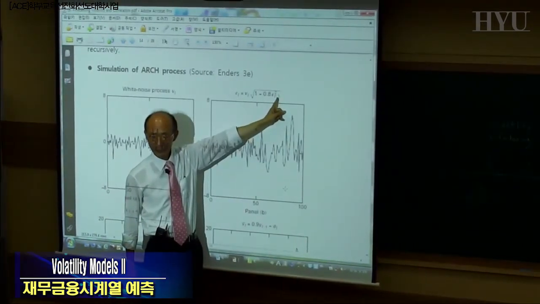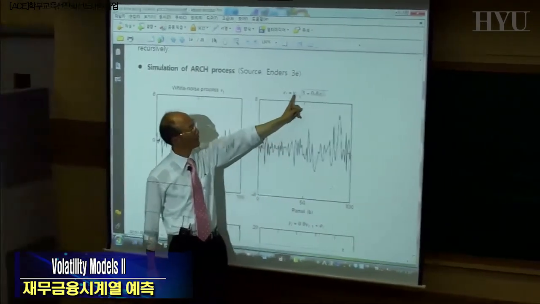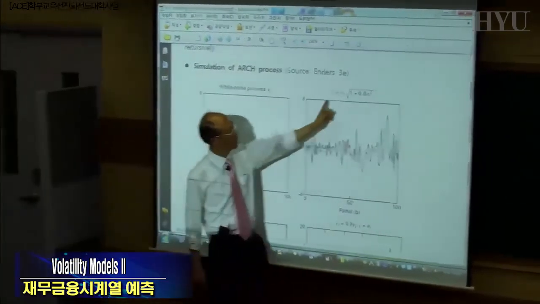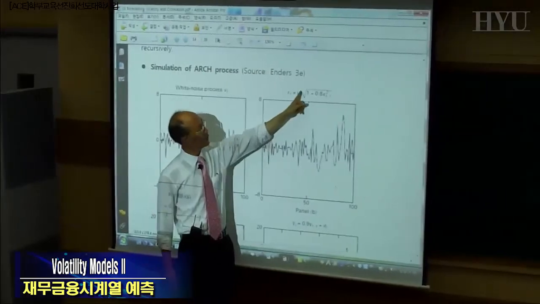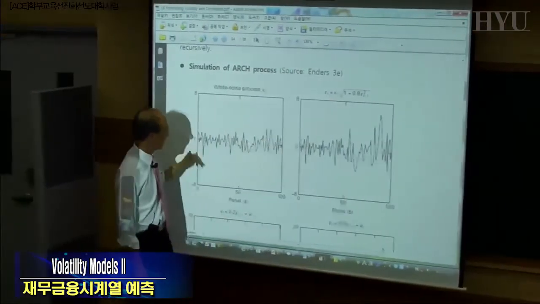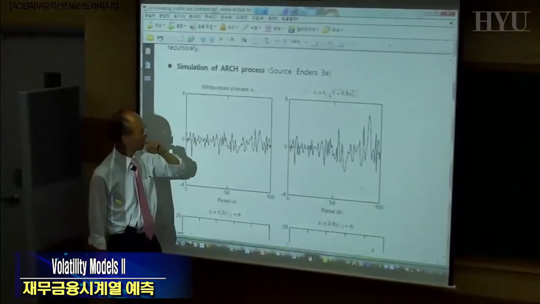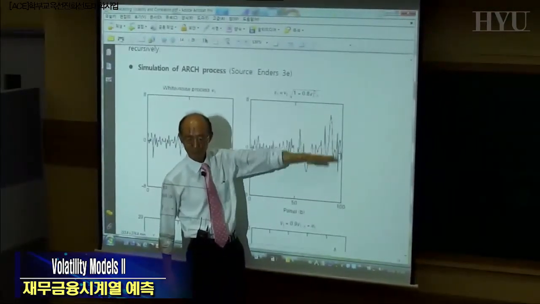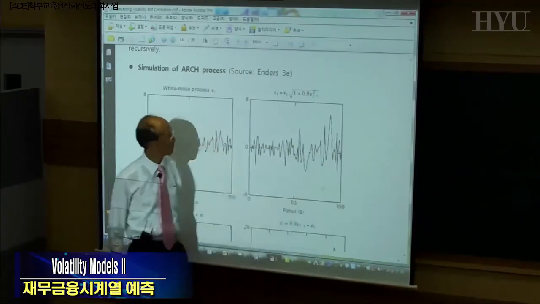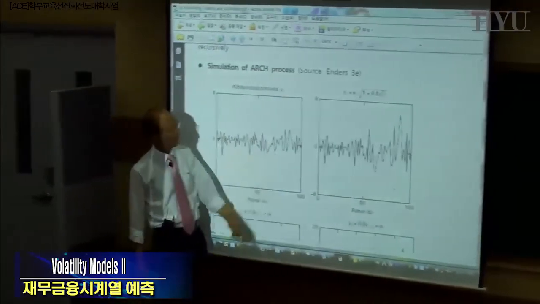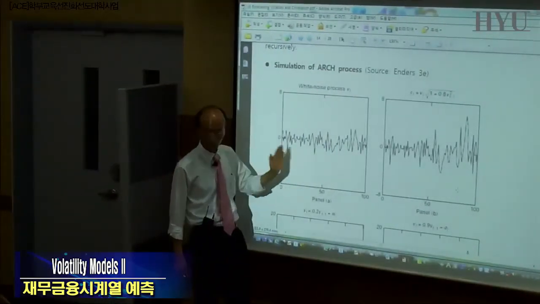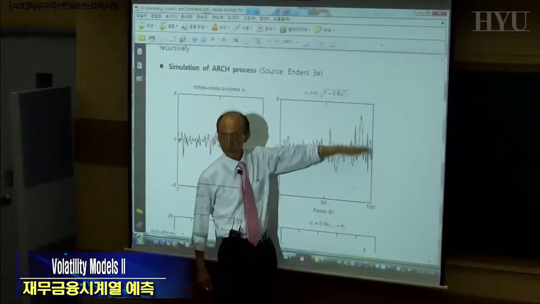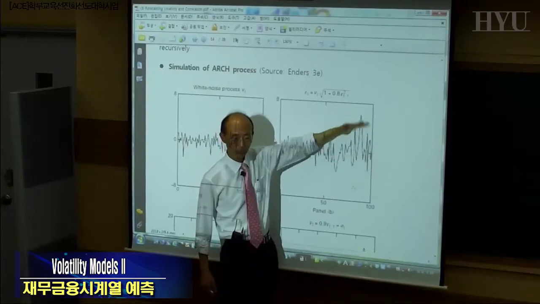Non-zero epsilon, right? And then another one, right? So if you generate epsilon t using this one as the underlying noise, then this happens, right? Because volatility is varying over time, sometimes it is very quiet, sometimes it could be noisy.